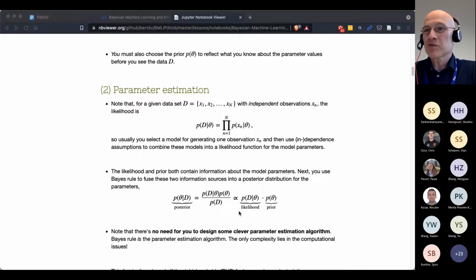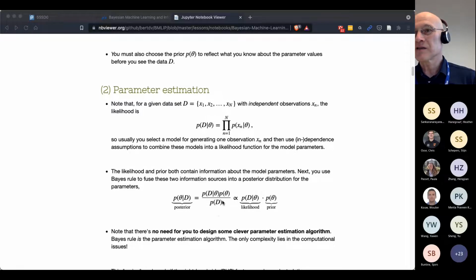What's interesting about this rule is that you specify the prior, and you specify this likelihood, and basically everything that the data can tell you about the model is incorporated in this likelihood. There's no other place in machine learning where the data has a way to affect your model. It's only through the likelihood. The likelihood specifies how data can affect my model.